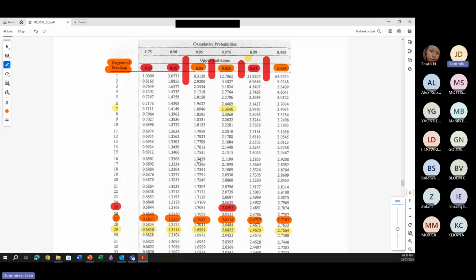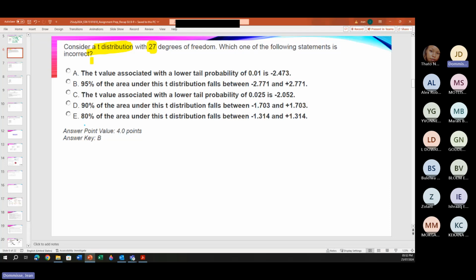That is just a bit easier to work with. Let's take a few of the others away. Okay, so that's the ones that we're going to work with now. Degrees of freedom 27, and let's look at the question set.